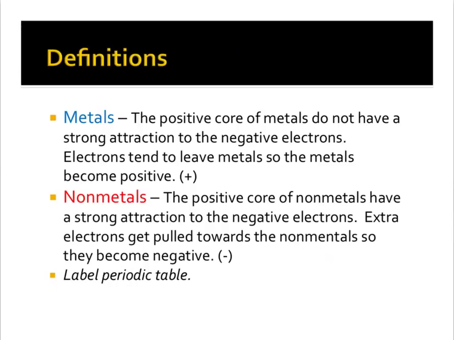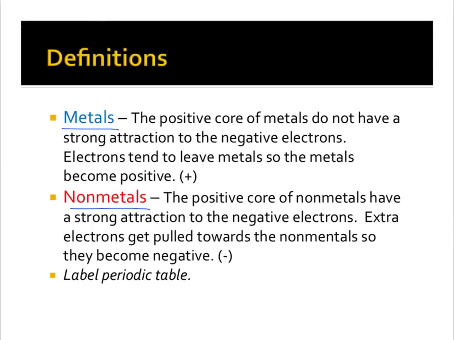All right, so definitions. Obviously, there's a way to talk about one or the other. We've classified them as metals and nonmetals. So these metals are kind of like that loosey parent, your friend who always gets to go out in the middle of the night and never really has to explain where they're going. Well, that would be the metal with their electrons. If their electrons were kids, they'd just say, okay, do whatever, jump, go over to this house.